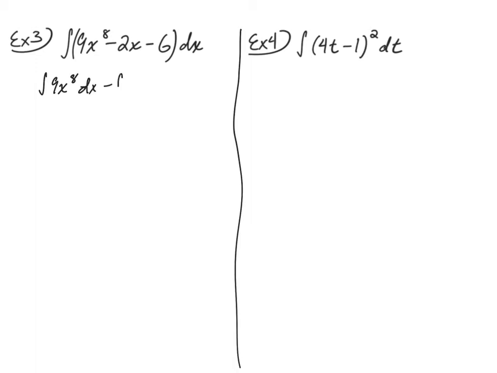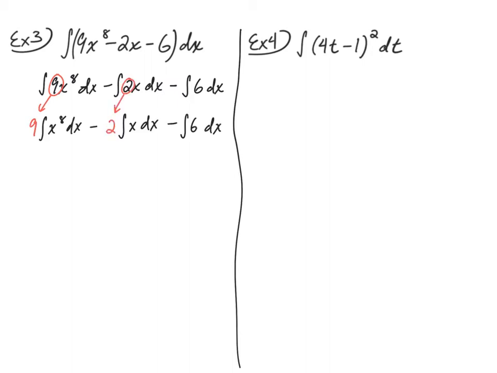We can subtract the antiderivative of 2x dx, and we can subtract the antiderivative of 6 dx. So we can separate all of these out like this. We can use the constant multiple rule to move this 9 here out of the integration. We can move this 2 here out of this integration. So our equation looks like this.